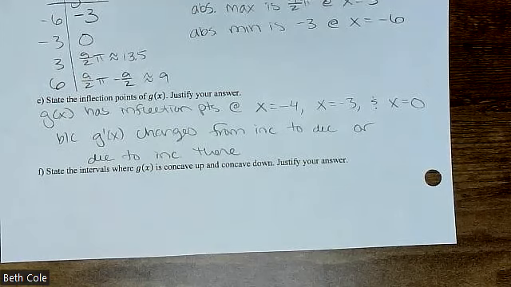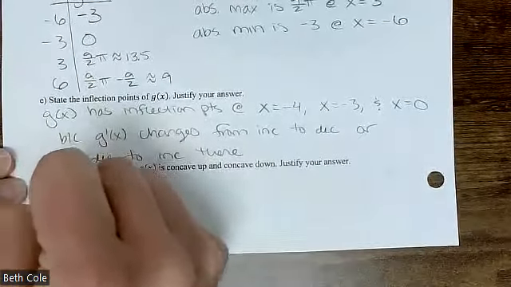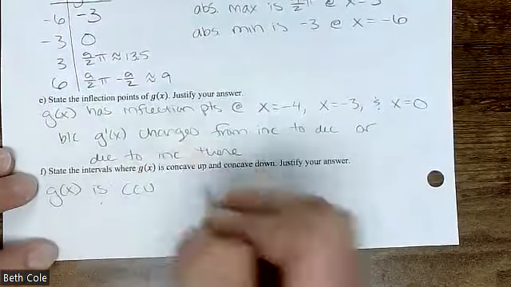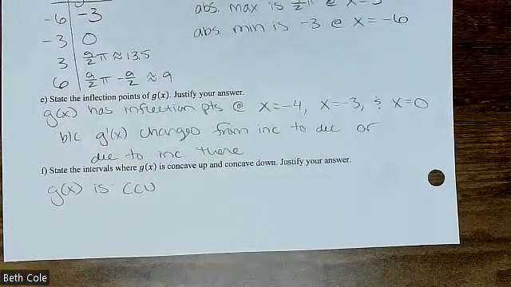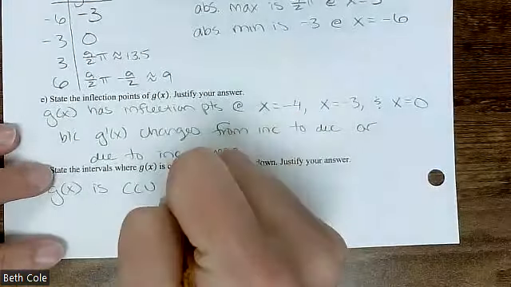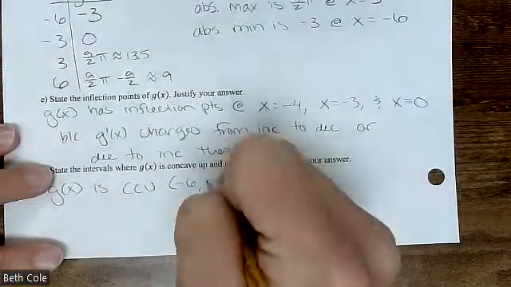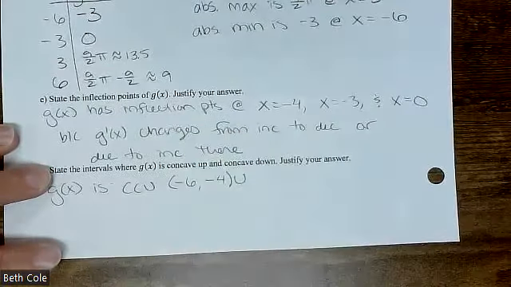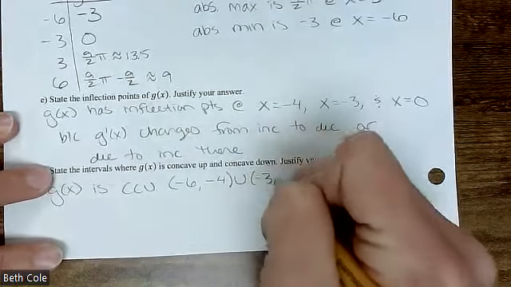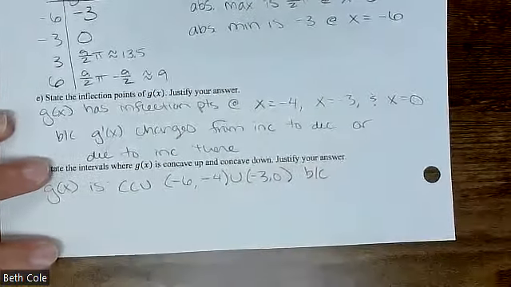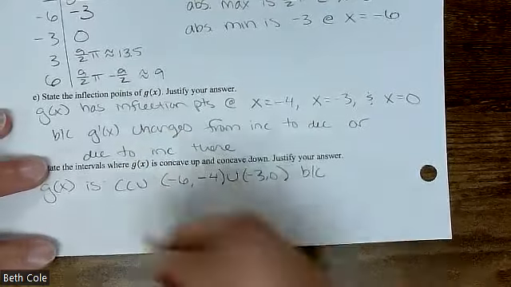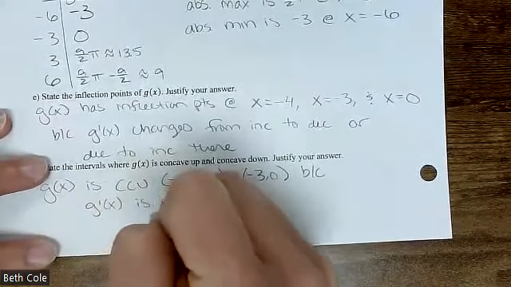All right, and then concavity. G of x is concave up. Look at your sticky note. Concave up is where the derivative is increasing. So that would be -6 to -4 union, where else? -3 to 0, because, perfect.